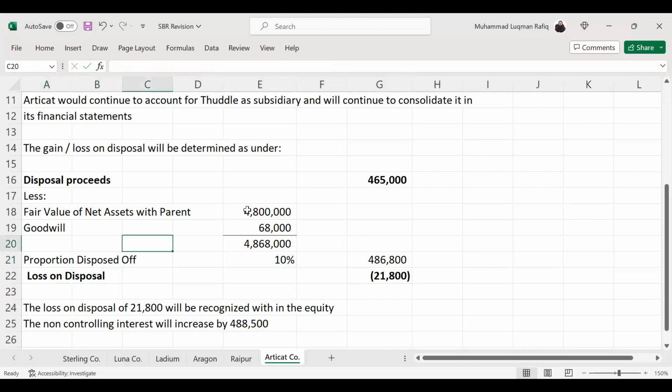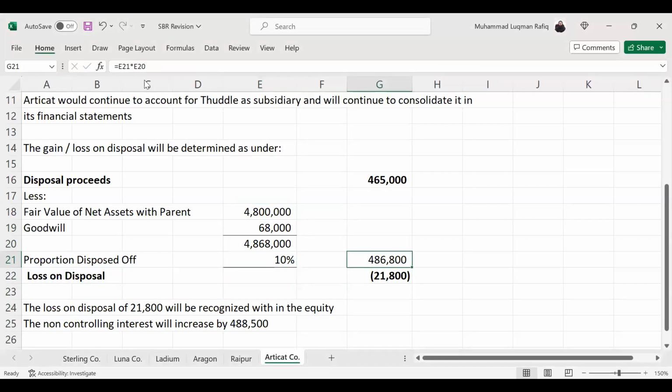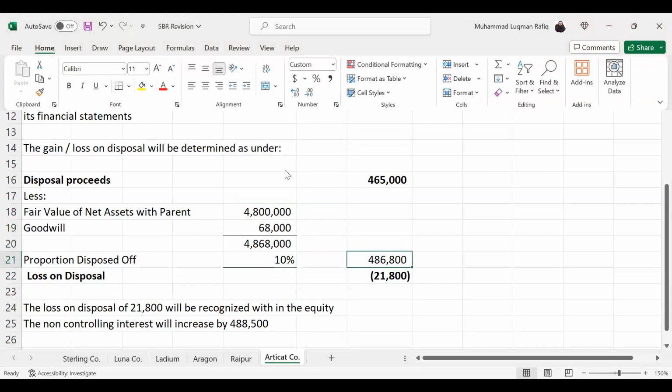See, this is what we own. We own the fair value of net assets. We own the goodwill. So resultingly, this is what it is going to be. You get my point?